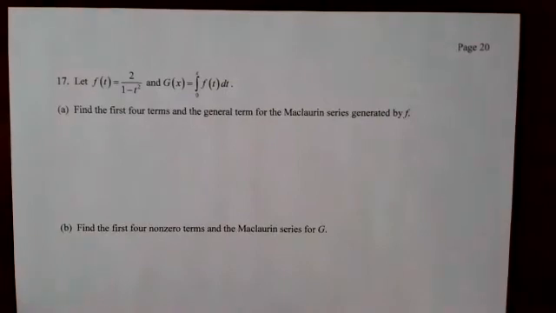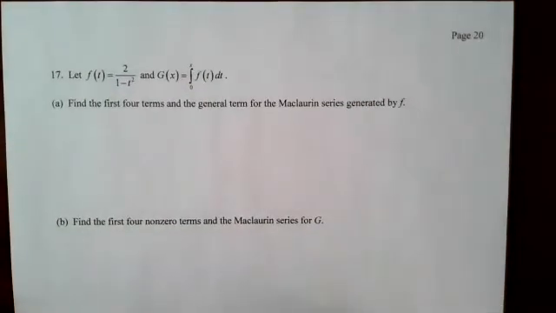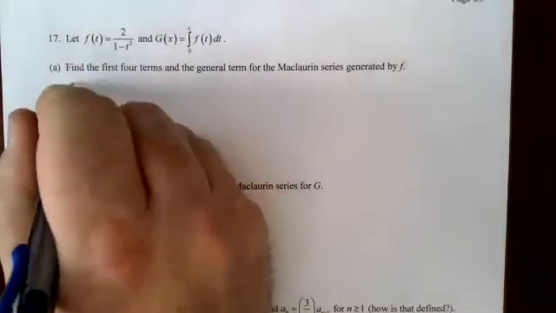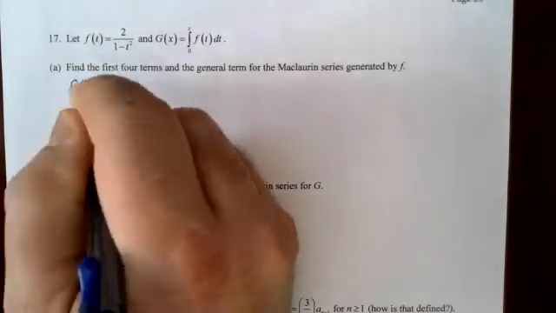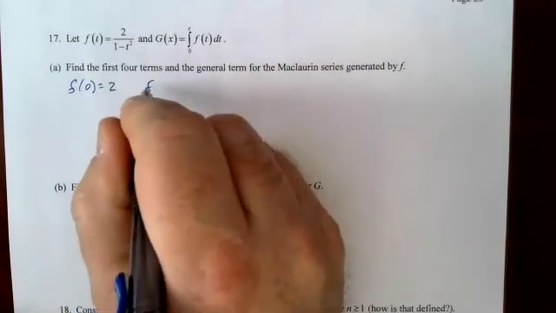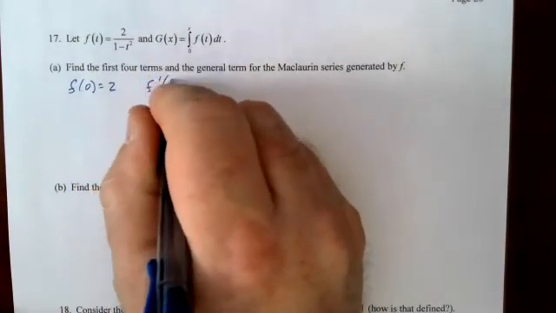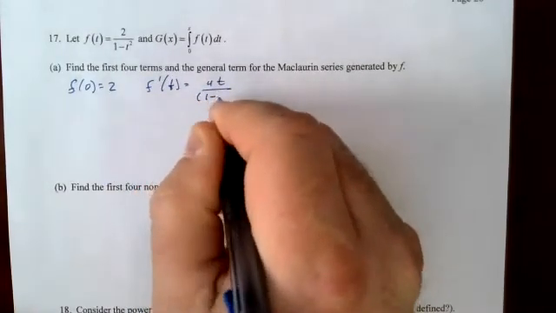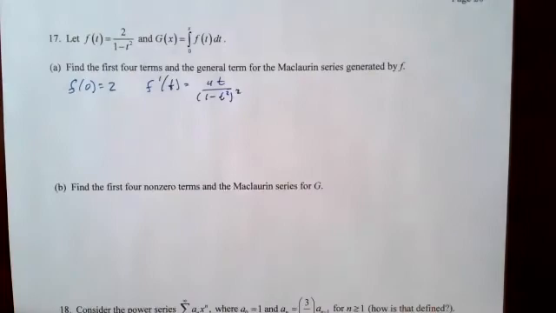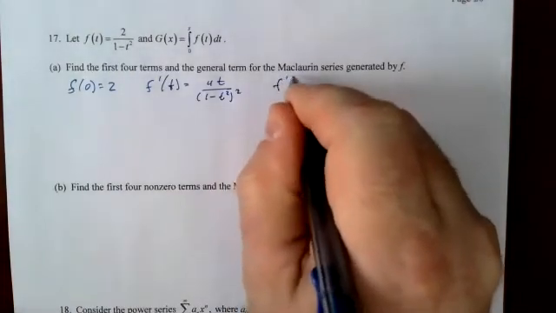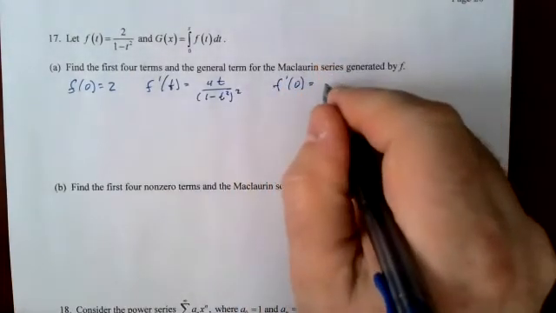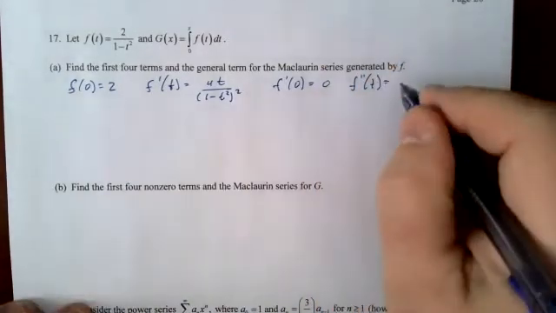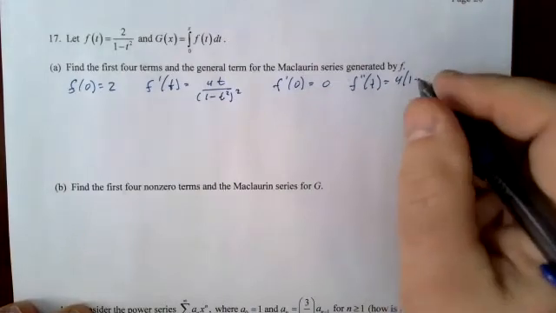F of x equals this stuff. Find the first 4 terms and the general term for the Maclaurin series generated by f. F of 0 equals 2. F prime of t equals 4t over 1 minus t squared. F prime of 0 equals 0. F double prime of t equals all this nonsense.